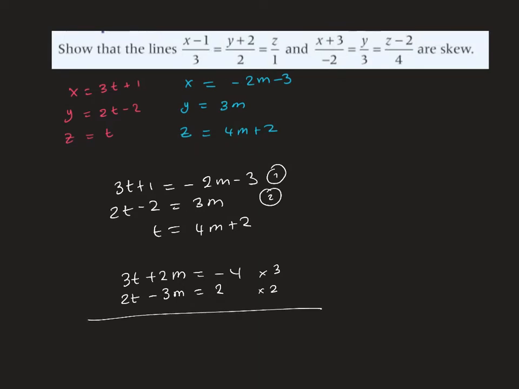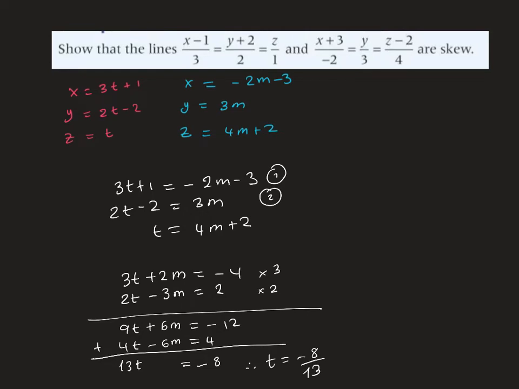If we do that, we get 9t plus 6m equals minus 12, and 4t minus 6m equals 4. Now, adding these two equations together, we get 13t equals minus 8, which means t is equal to minus 8 over 13.